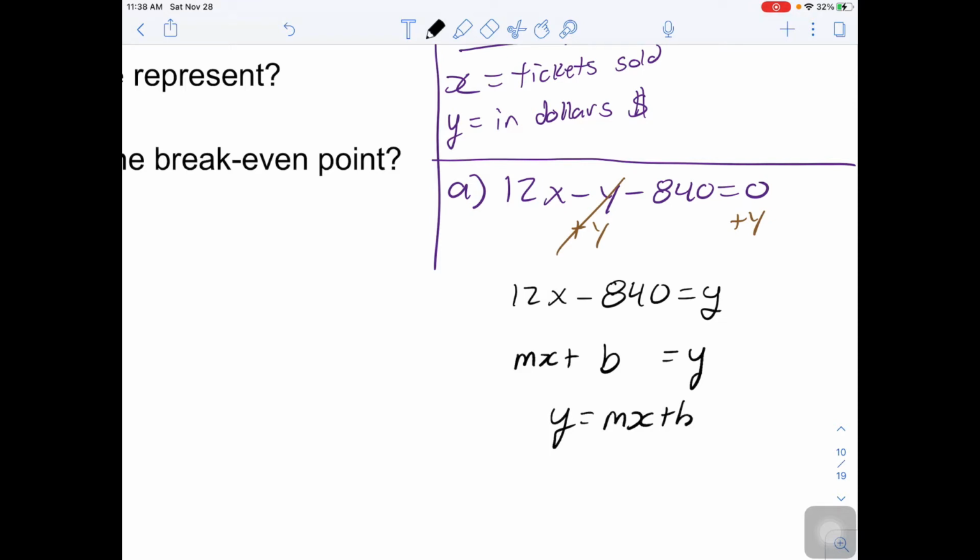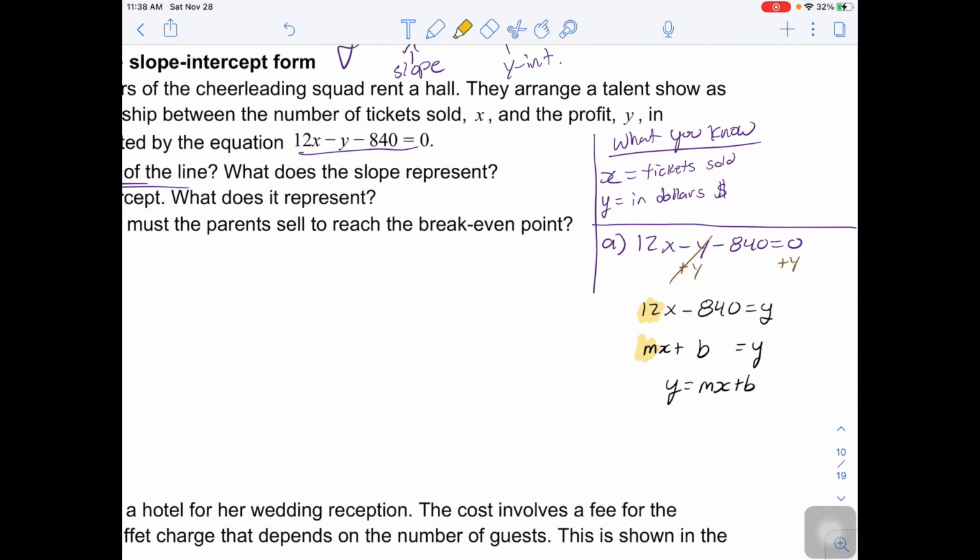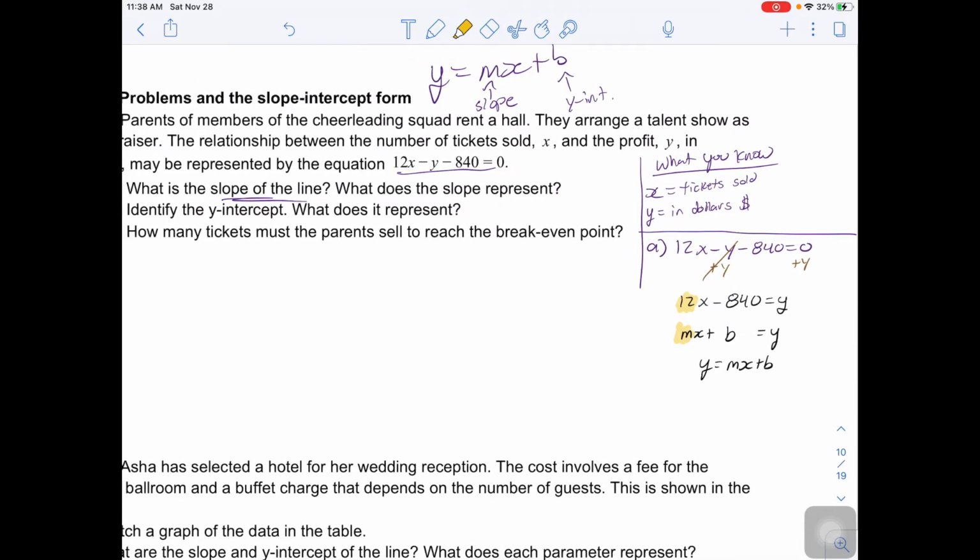It's just now your y value is on the right side of your equal symbol, which is totally fine. So 12 is my m value. Okay, so for A, what is the slope of the line? Slope equals 12. Now, recognize it asks us, what does that represent?